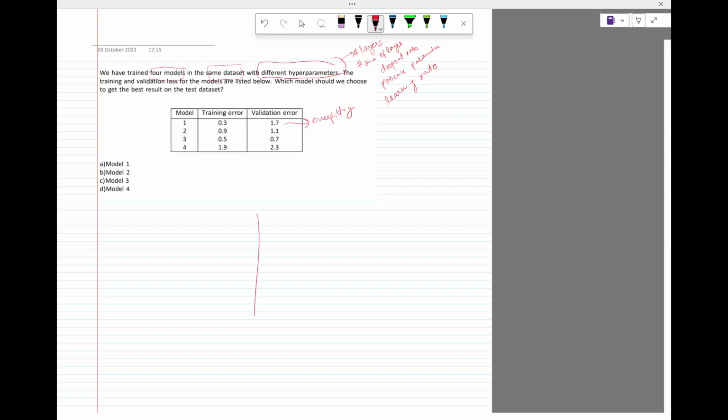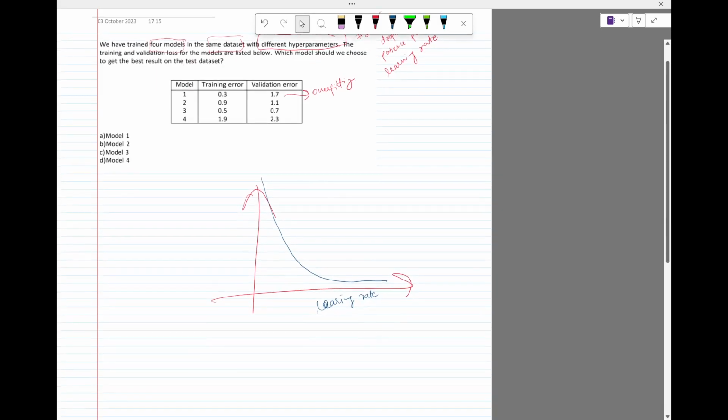Okay, so it can be like you have this model, you have your training error, this can be your learning rate. You're trying different learning rate or batch size. Let's say it is batch size.